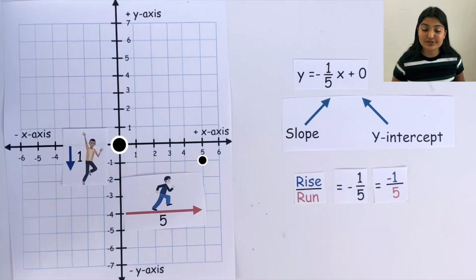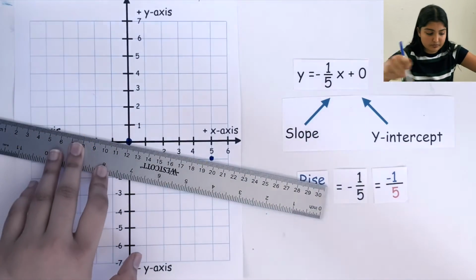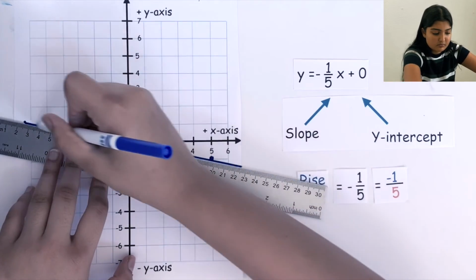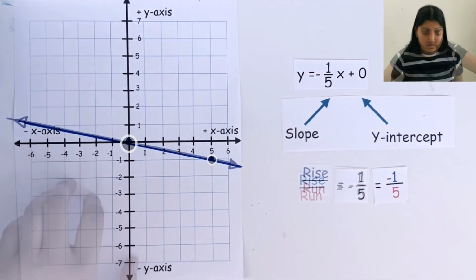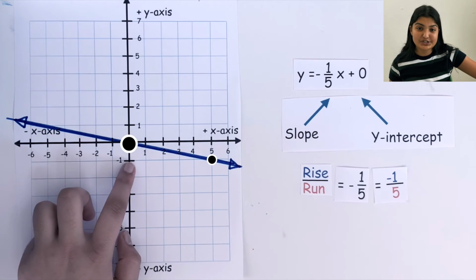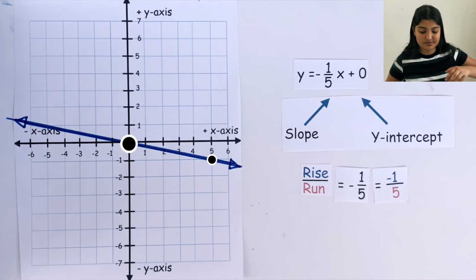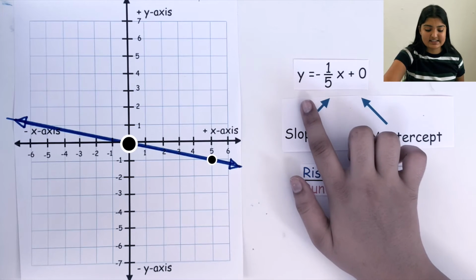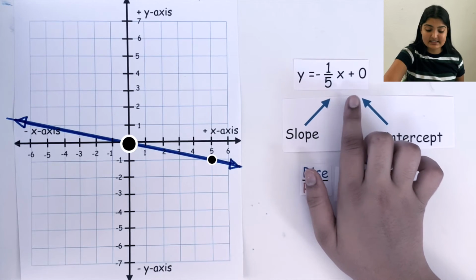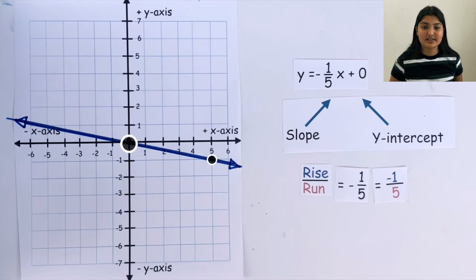And now that we have 2 points, let's connect them and graph this line. This gives us a line, which is graphed from the equation y is equal to negative 1/5 times x plus 0. Let's look at a final example.